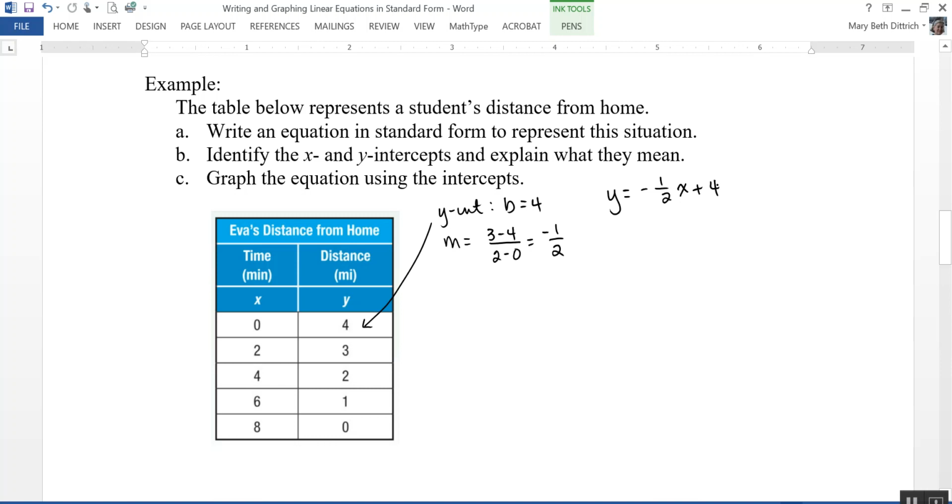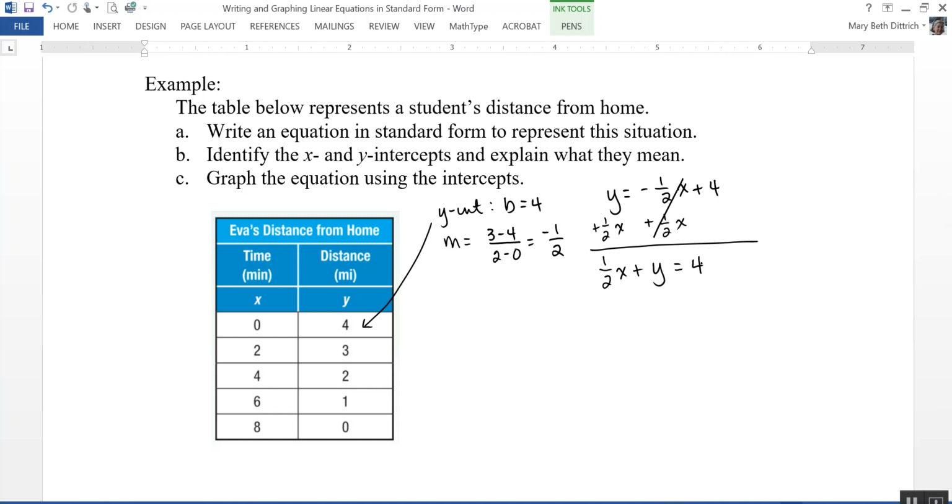But now I need to turn that into standard form. So remember, in standard form, the x and the y and their coefficients are on the left of the equal sign. So I'm going to add 1/2 x to each side. And that's going to give me 1/2 x plus y is equal to 4. And remember, a, b, and c, the coefficients of x, y, and the constant term have to be integers.